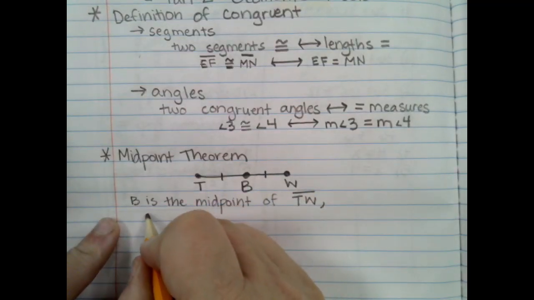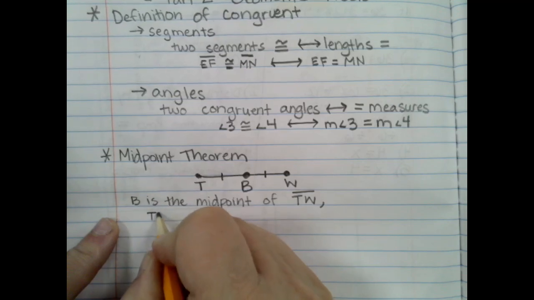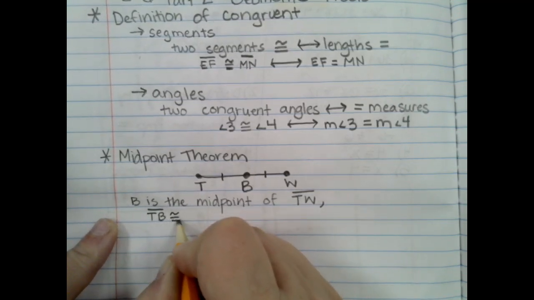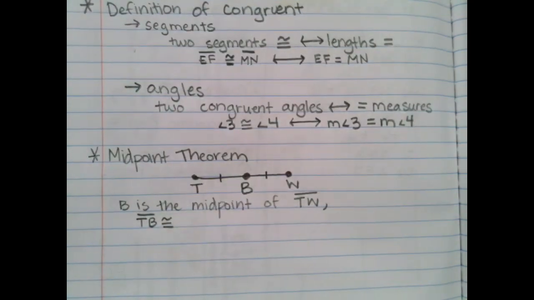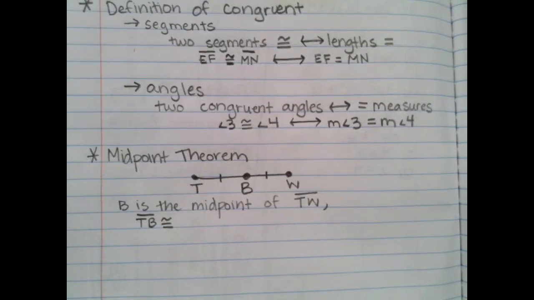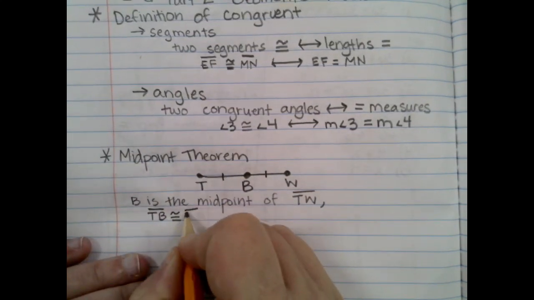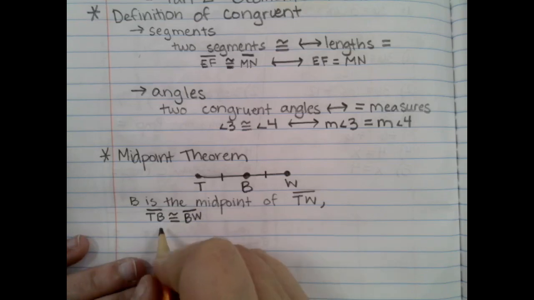So we're going to say segment TB is congruent to segment BW. So this is the theorem.